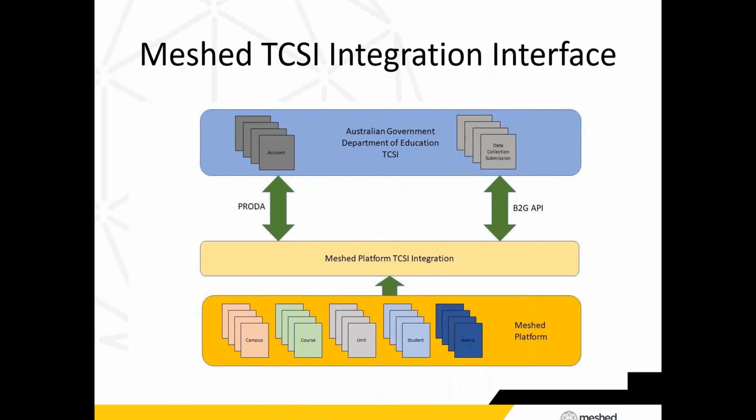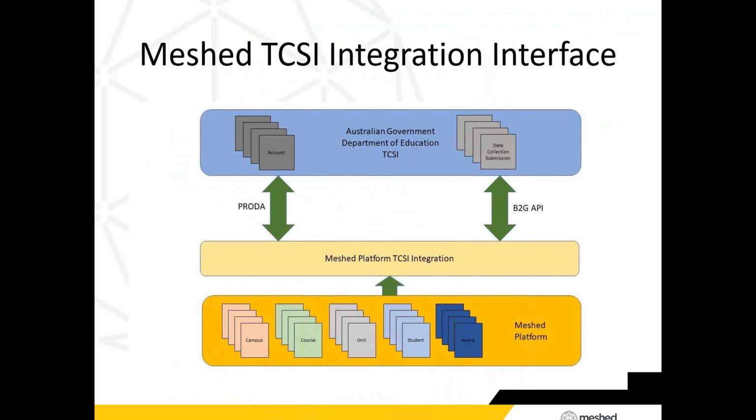And obviously, there are a number of data packets that you would need to submit as part of this process. So what we have done is we've built an integration module that is able to connect with the government TCSI reporting, and that interconnects with your Mesh platform and enables the data exchange to take place.